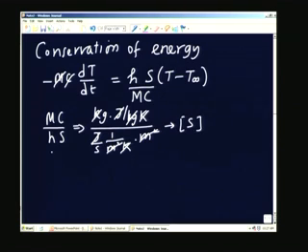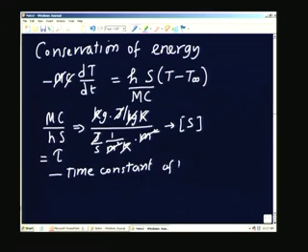This mc by Hs has the units of second. Usually it is written as tau, and we call this the time constant of the first order system.